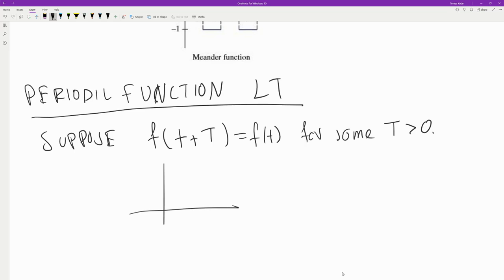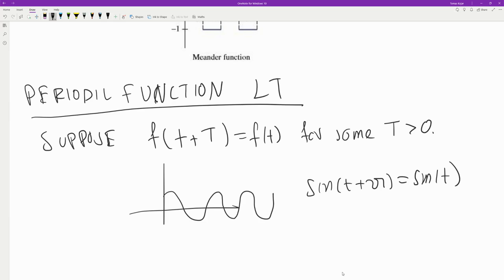So think of sine, right? Sine of t plus 2 pi is sine of t. So capital T is 2 pi.